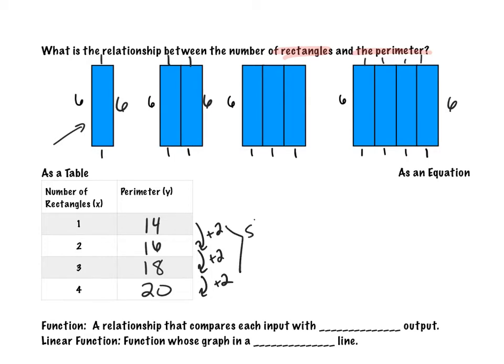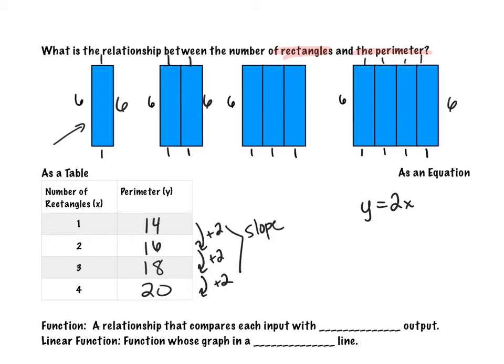So this is my slope. So now if I'm starting to write this as an equation, I have y equals, and we said my slope was 2. Just like when I graphed linear equations, that slope goes with the x, with the independent variable, because that's what's affecting the change.